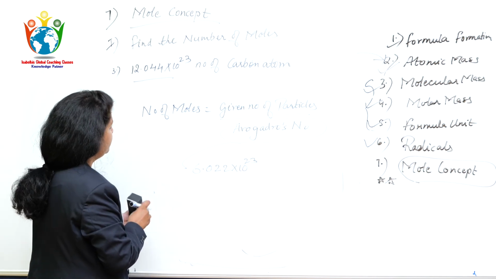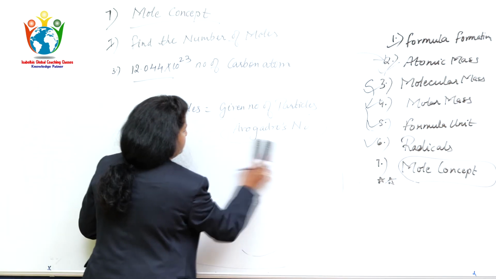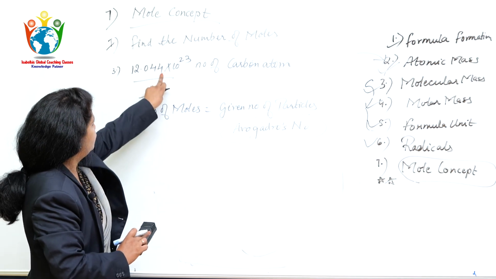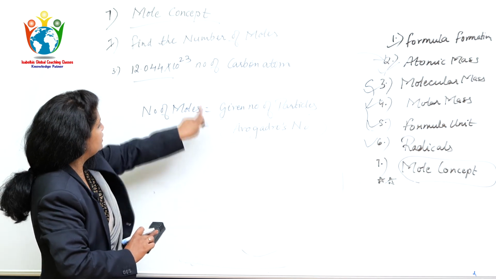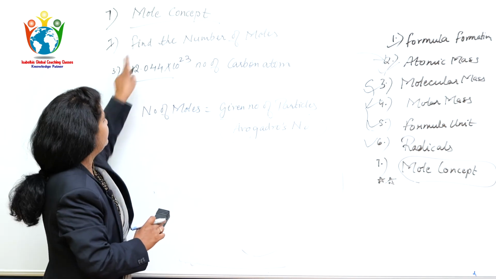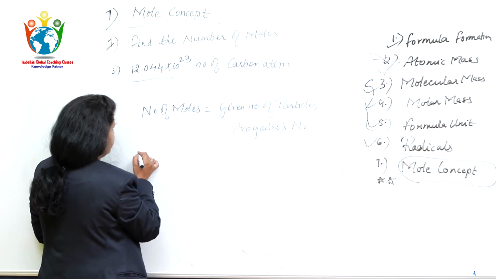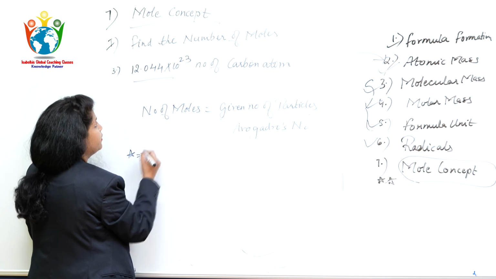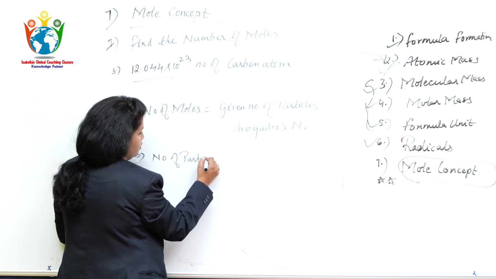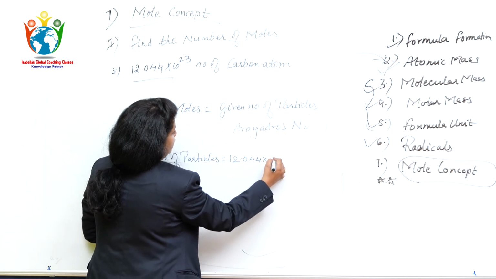Okay. Now if you have written, I can rub down. Okay. Fine. I am rubbing. Now we can directly solve this question. 12.044 into 10 raised to 23, that is given number of particles. When you are given this thing, you directly assume this is number of particles. Okay. We can put data. Number of particles you are given, that is 12.044 into 10 raised to 23.